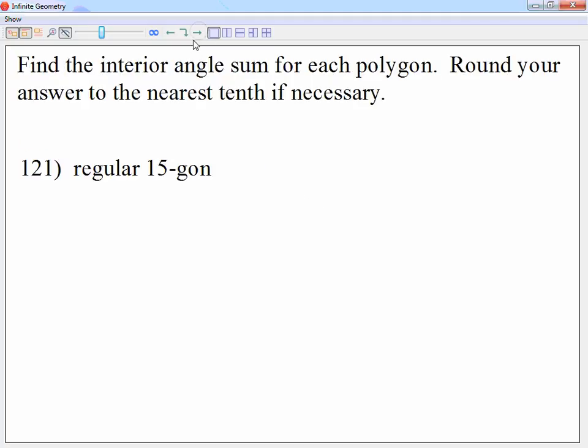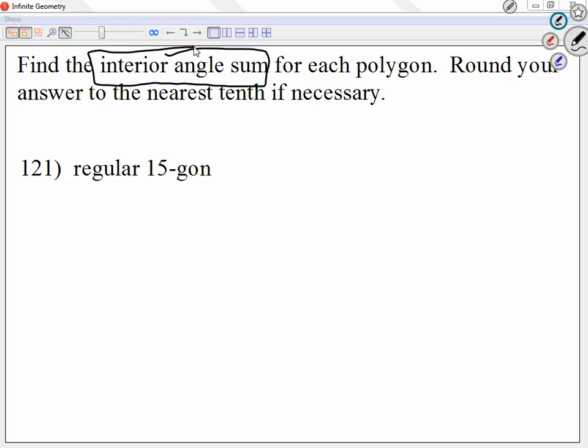Now 121, find the interior angle sum for each polygon. Do keep in mind that we need to read the instructions. So find the interior angle sum for each polygon. Round your answer to the nearest tenth if necessary. Interior angle sum is the sum of the angles on the inside.